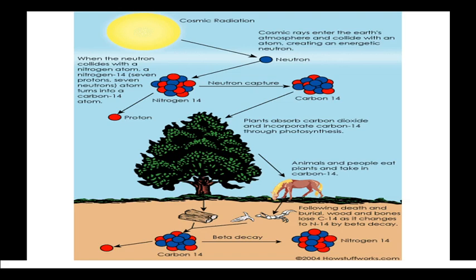And that ratio of C14 to C12 in the carbon dioxide molecules is equal to 1.3 times 10 raised to minus 12. We are going to calculate this ratio, and during the lifetime this ratio is maintained constant.